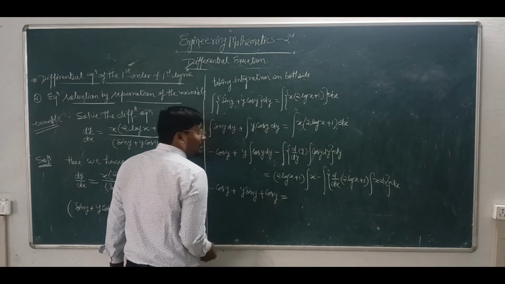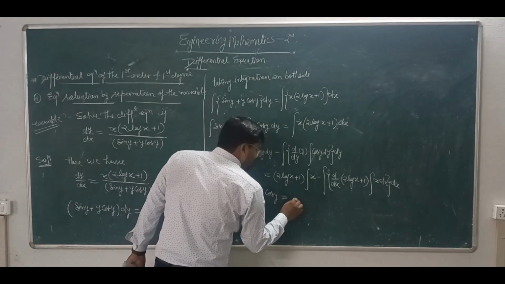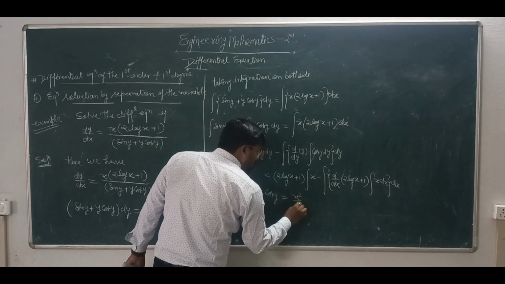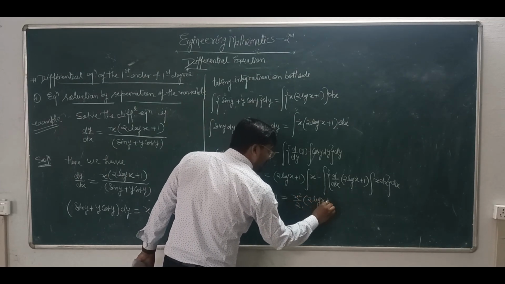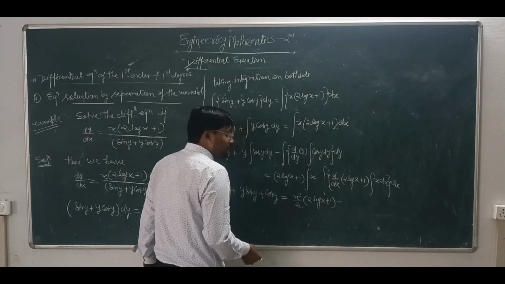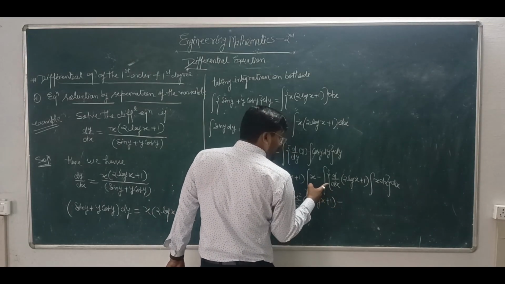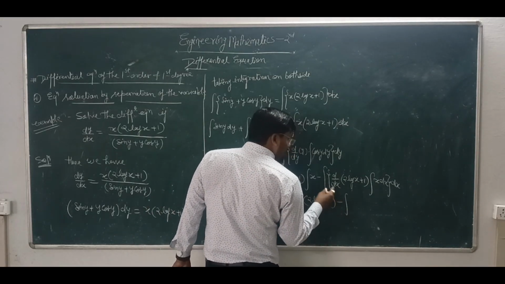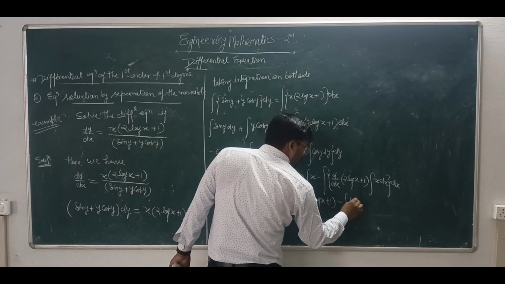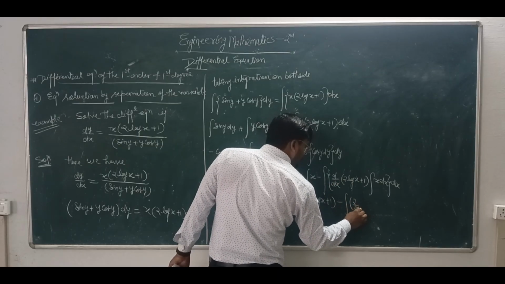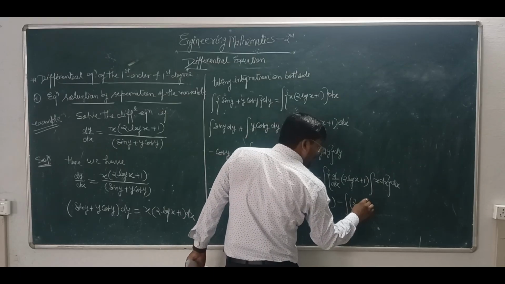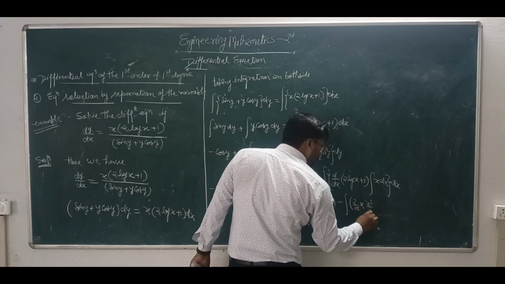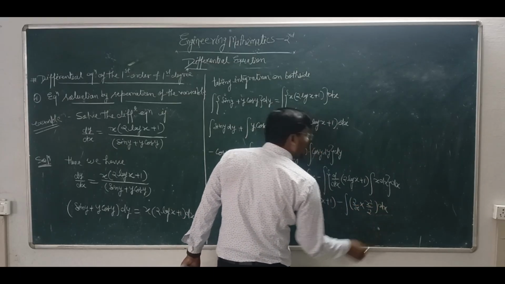is equal to, now x square by 2 into (2 log x + 1) minus integration of this 2 by x into integration of this x square by 2 dx.